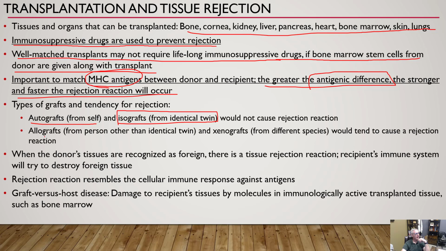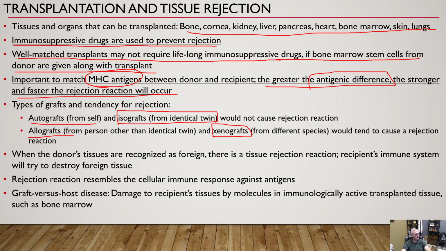And we do transplants from animals other than humans, that would be called a xenograft. And both allografts and xenografts could lead to a rejection reaction because they don't share our DNA. And so that's why we'd have to look at that MHC compatibility, and hopefully that antigenic difference is low enough.